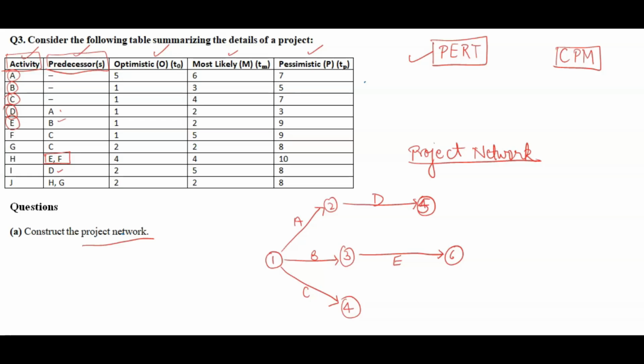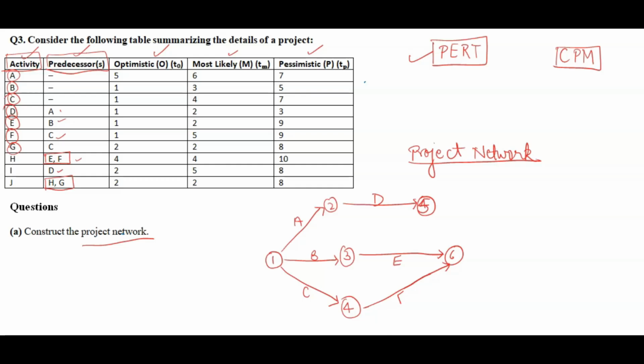Now, where these activities are ending together, where there is more than one predecessor together, that we have to check carefully. Rest all things we can create, that is fine. F should start from C, and G also should start from C. F is coming with E and G is coming with H. So F starts from C and ends with E. F should start from the fourth node and end with E, right?